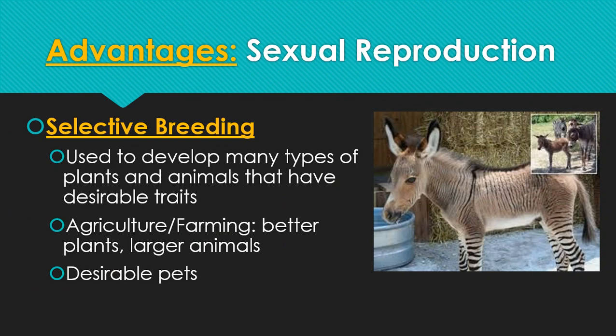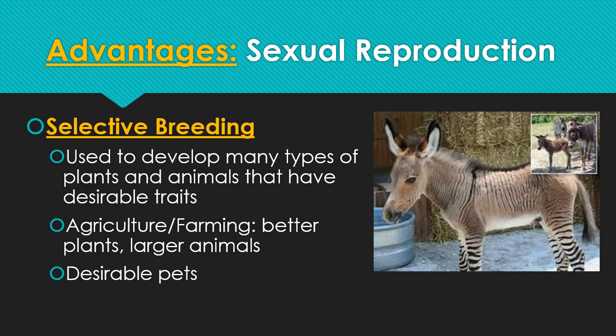Also, ang advantage niya for selective breeding, yung sa sexual reproduction, pwede kang makapag-develop ng kung anong gusto mong traits sa isang offspring. And this is applicable for agriculture, farming.